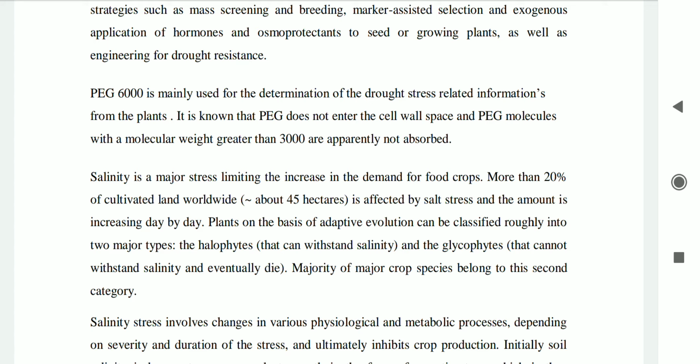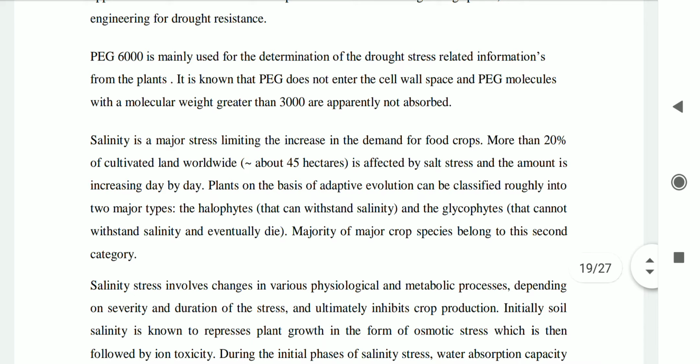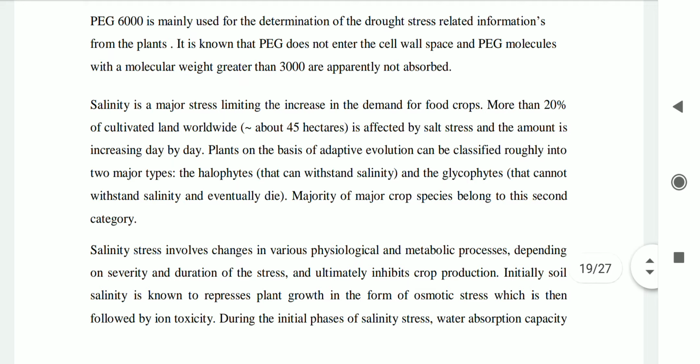And to simulate highly saline conditions: salinity is a very major problem for today's agricultural industry, because of the use of chemical fertilizers, etc. The salinity of soil all over the world has quite increased.